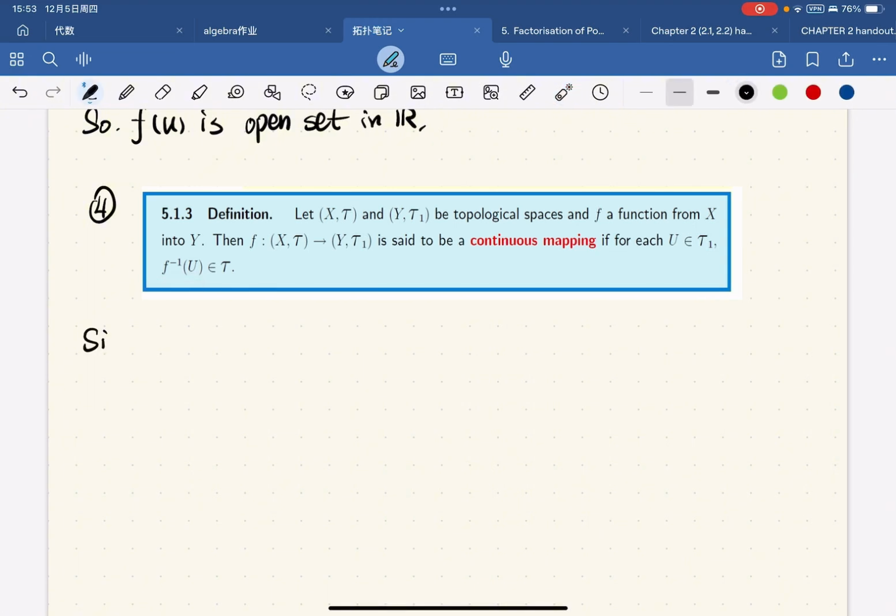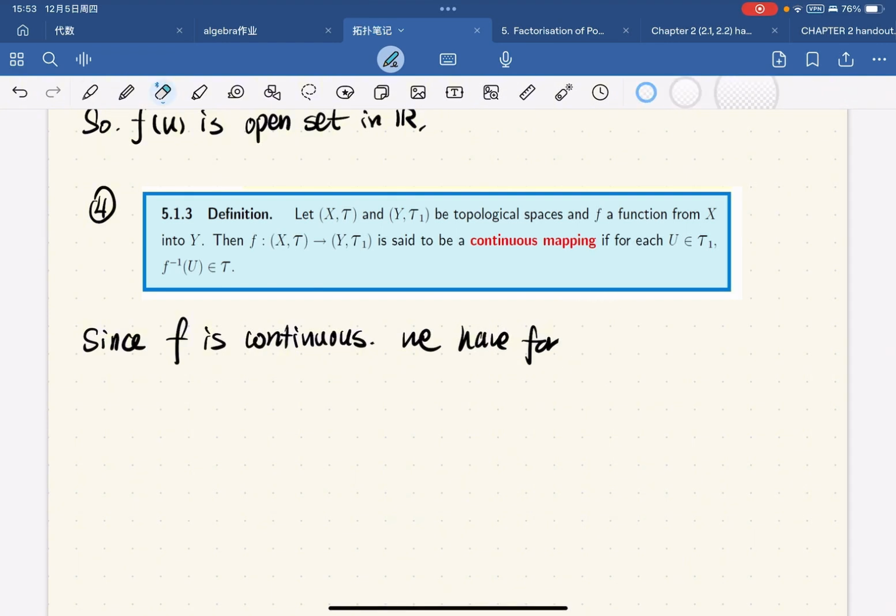So, since we have already proved in the third part that f is continuous, it follows that for each U in tau 1, the inverse image of U is also in tau.